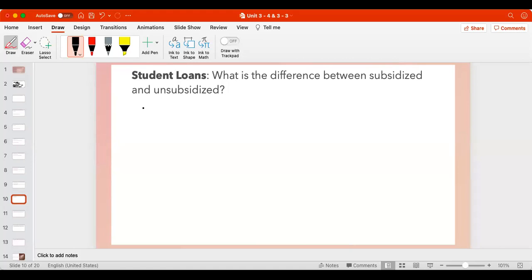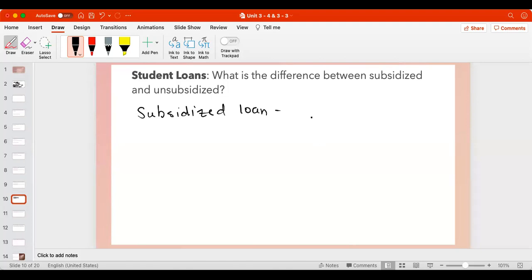For a subsidized loan, you're going to borrow a certain amount of money and you're going to have to pay it back in 10 years. But while you're in school, which is usually between 2 to 8 years, you're not going to pay anything. Your payments start after you finish school.